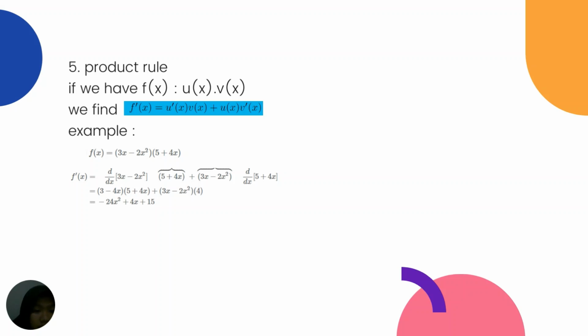Equal 3 minus 4x times 5 plus 4x plus 3x minus 2x squared times 4. The result is minus 24x squared plus 4x plus 15. In here, d dx is the derivative.